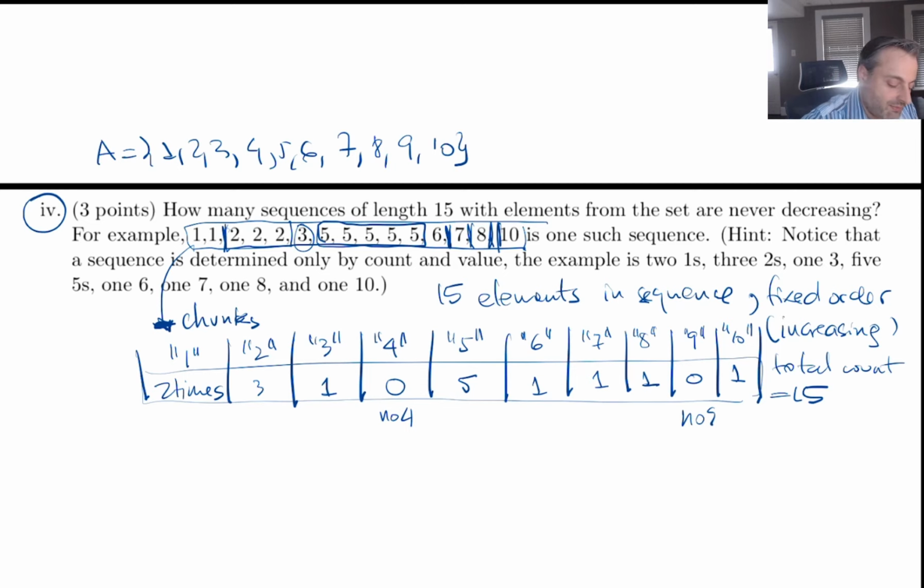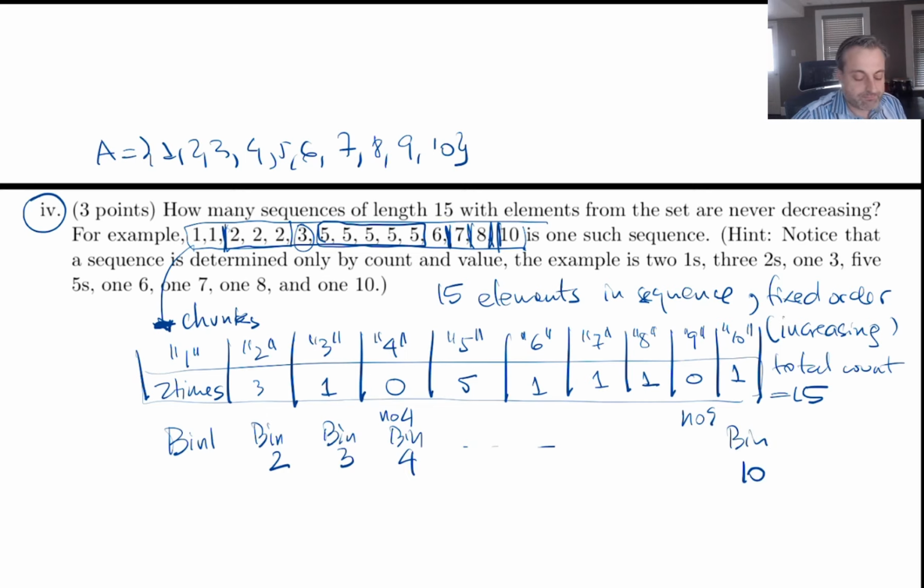So I really want to think of those like bins. This is bin 1. That's bin 2. That is bin 3, bin 4, all the way to bin 10, right?